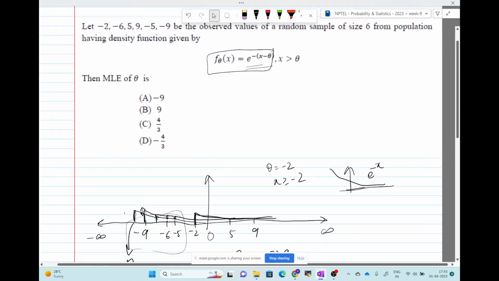So at minus 9 you get the maximum for all. That's why the answer is minus 9. Okay, sir.